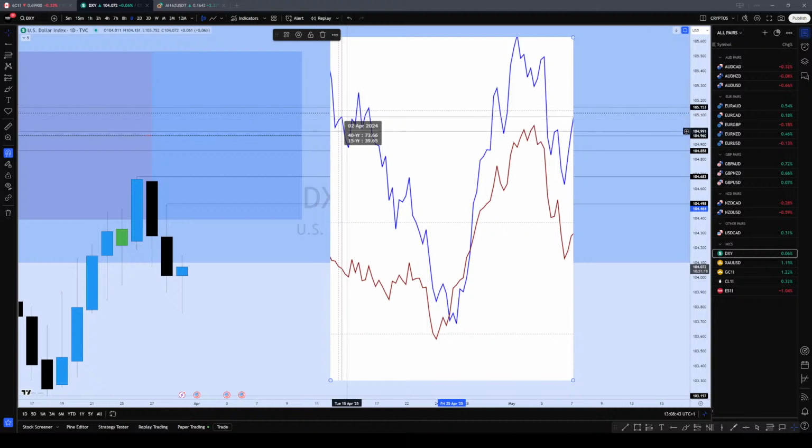And where my cursor was showing is the 1st of April, and then we have an up movement, then the entire month of April moving to the downside. So this week, that's what I'm saying, just be mindful. It can go up before going down, or they will just go down, right?